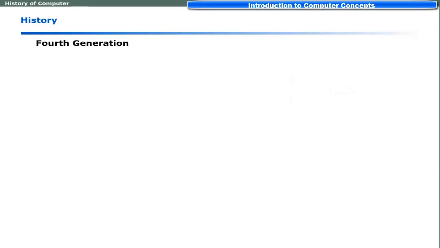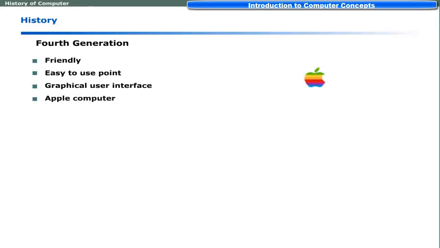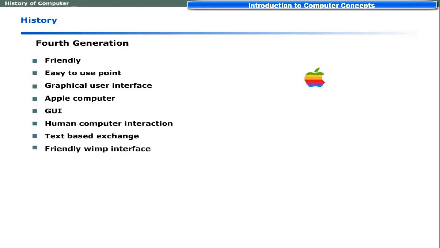Dear learners, the credit for today's friendly, easy-to-use, point-and-click graphical user interface goes to Apple Computer. GUI changed the human-computer interaction from text-based exchange mode to the friendly WIMP interface.